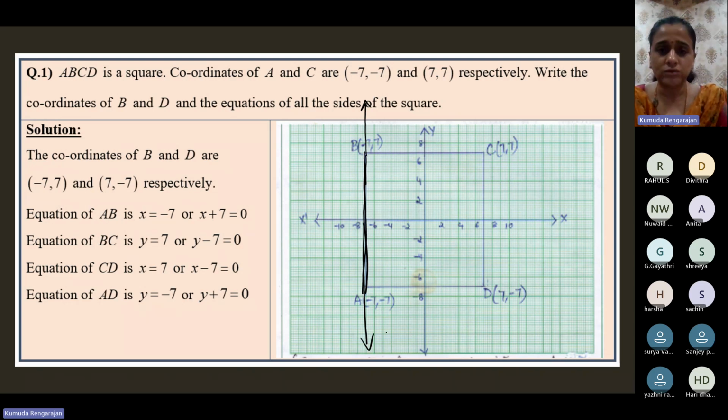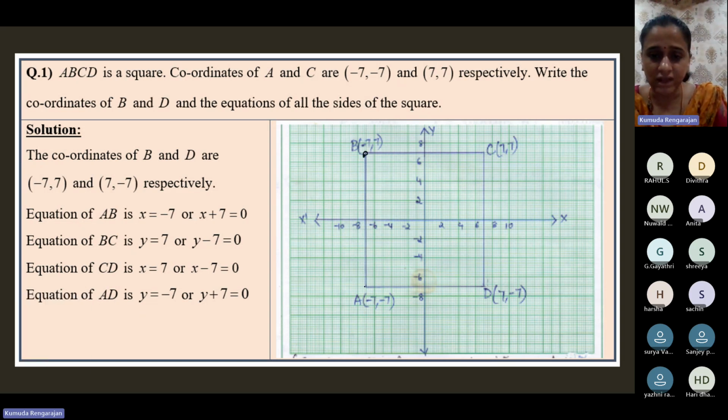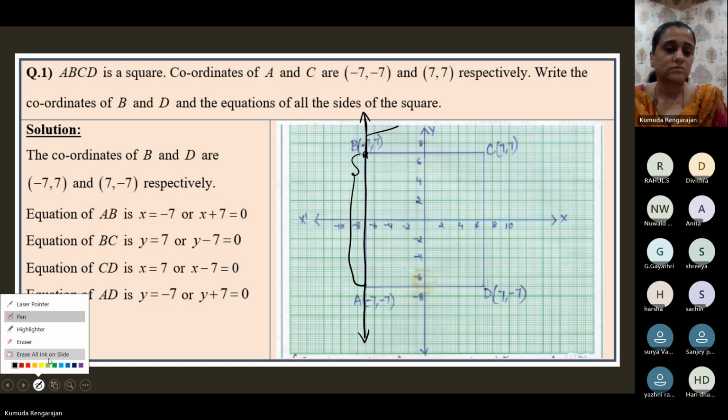So equation of the line segment or equation of the line, okay? Both will be the same. The equation of this line segment will be the same as the equation of the line on which this line segment lies, because this line segment is a part of this line.